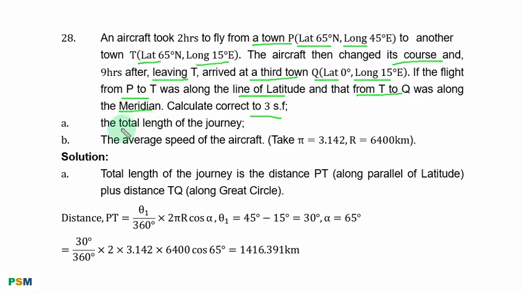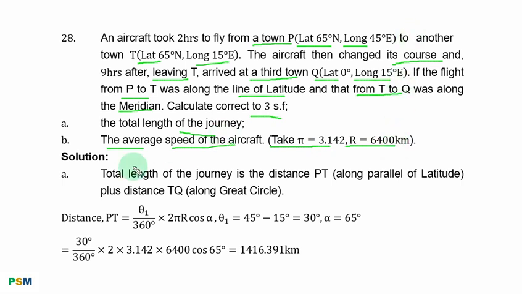A. The total length of the journey. B. The average speed of the aircraft. Take pi equal to 3.142, radius of the earth equal to 6,400 kilometers.